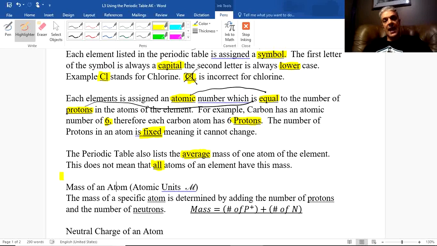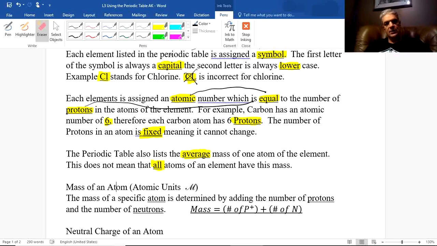Now, we can find the mass of a single atom. And it's usually calculated in what we call atomic units, or they give this symbol here. I just highlighted it. It's kind of like a U, but that was the best thing I could find on the internet. Sometimes they make the U kind of extend up like this. That's a terrible drawing on my behalf. But if you use an italicized U, that's more than acceptable, or just a script cursive U, I'll understand what you mean by that.